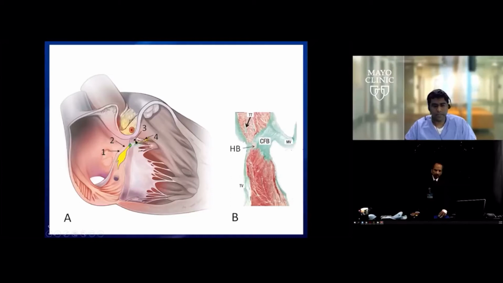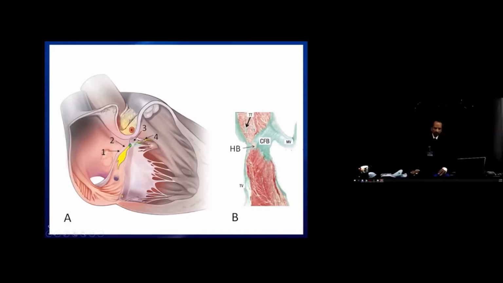So if we remember, this tricuspid valve has a free portion, which moves back and forth in systole and diastole, and this pasted down portion, this line of attachment near the annulus and partly into the atrioventricular septum. So everything that's proximal to this line of attachment is not going to be the His bundle.